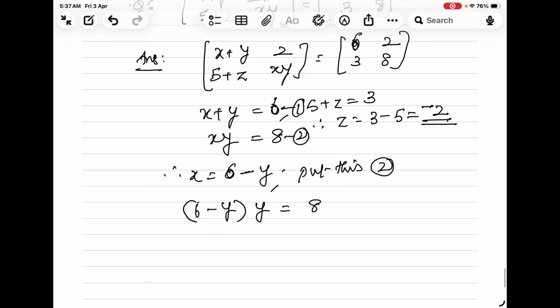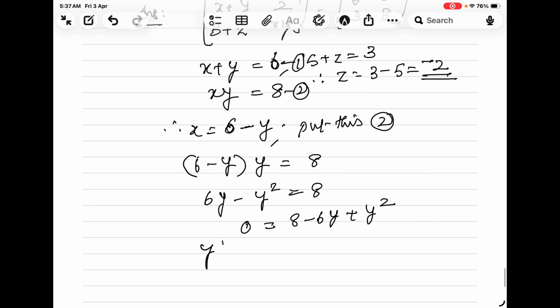Then 6Y minus Y square equal to 8. Transpose all these terms to the right: that is Y square minus 6Y plus 8 equal to 0.